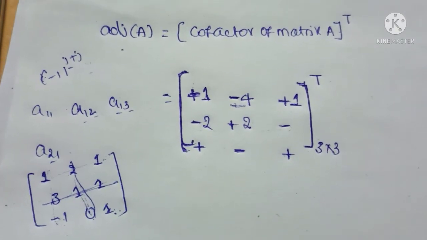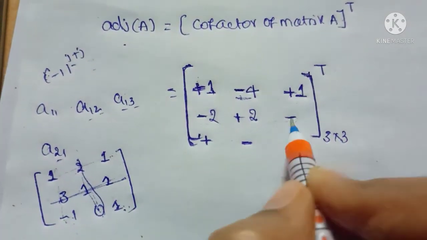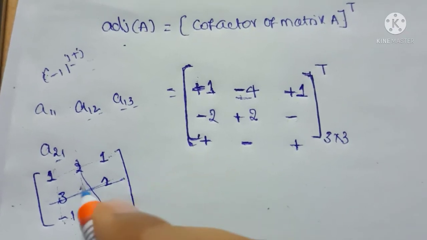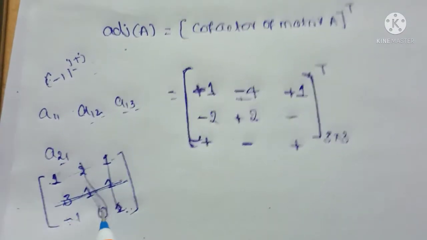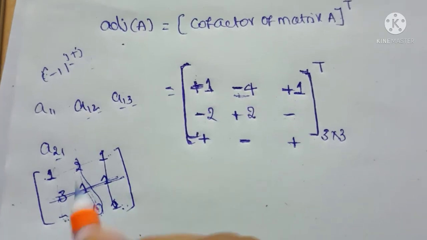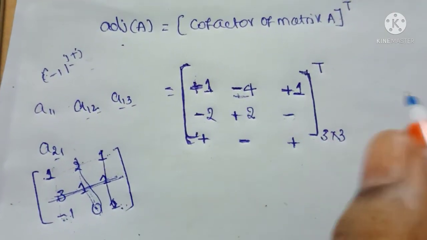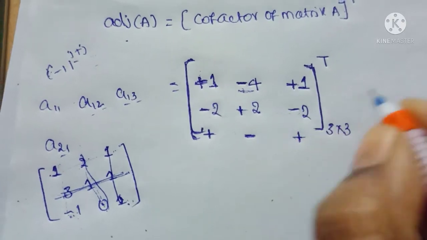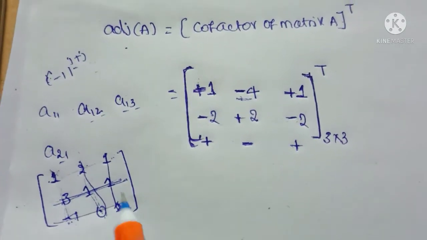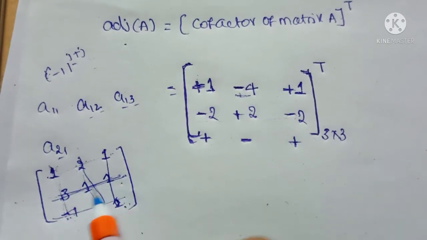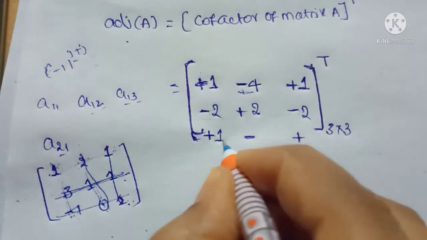Similarly, for this position, close this row and this column: 1 into 0, minus, minus, plus 1 into 2, so 0 plus 2 we get 2 only. Now here, closing this column and row, 2 into 1 is 2, minus 1, so 1.